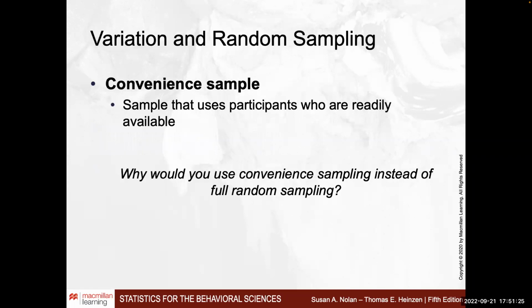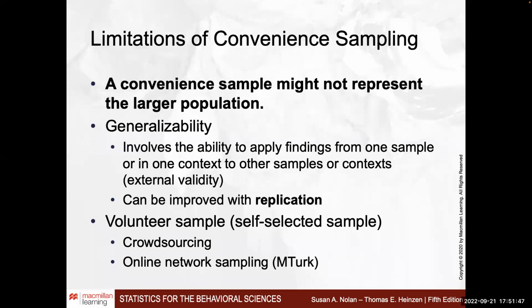So convenient samples, those are samples that use participants who are readily available. Why would you use the convenient sample? Because it's more convenient, it's easier, it's more efficient, because doing studies takes a lot of time, a lot of money, a lot of resources. So therefore, convenient samples are just easier to study.